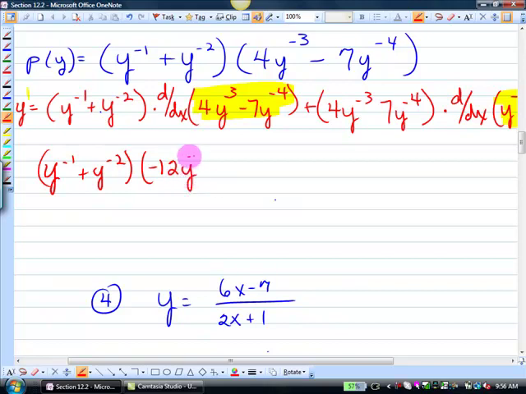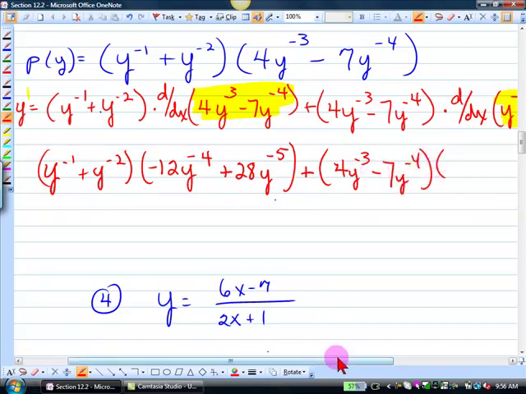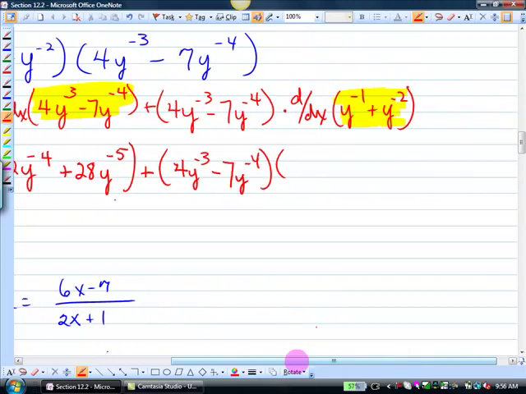Negative 4, plus 28 y to the what? Negative 5, plus 4y to the negative 3. That's a minus. Okay, and the derivative of that guy, why is that not working? What's the derivative of this?